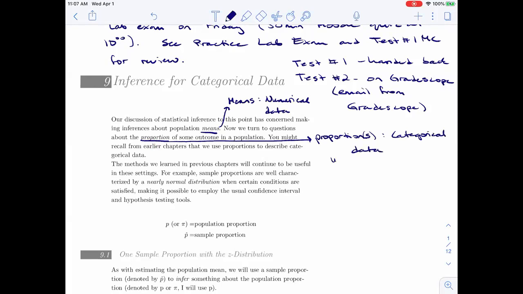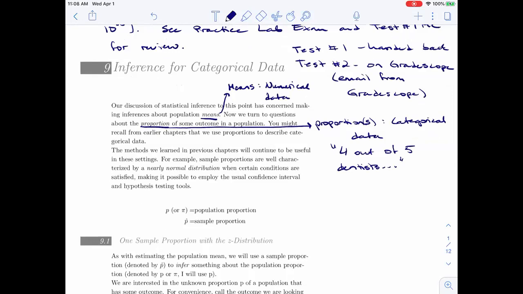So things like 4 out of 5 dentists recommend whatever toothpaste they're advertising. Proportions are what we're going to be focusing on now. Proportions behave a little bit differently, because they don't have a mean or a standard deviation, but that's okay, we can get by without it.